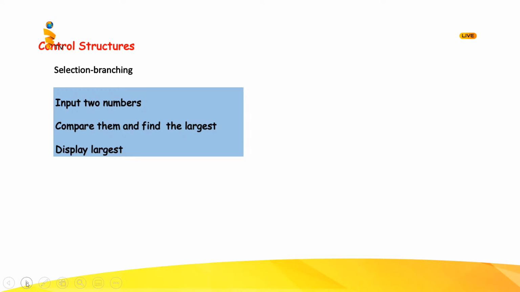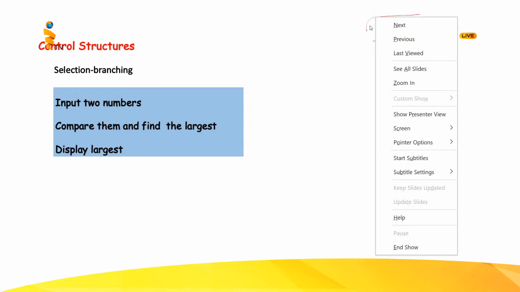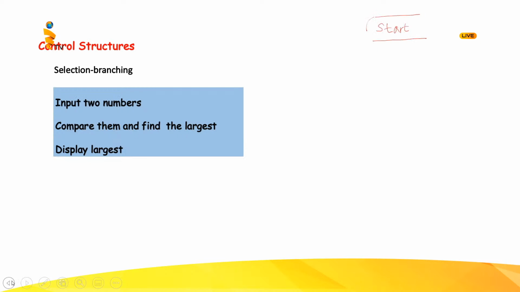So first of all, if we are going to draw a flow chart, our first thing is we have to indicate that we are going to start. So we have to use our symbol for start, that is we can use a rounded rectangle to indicate that we are going to start the program.